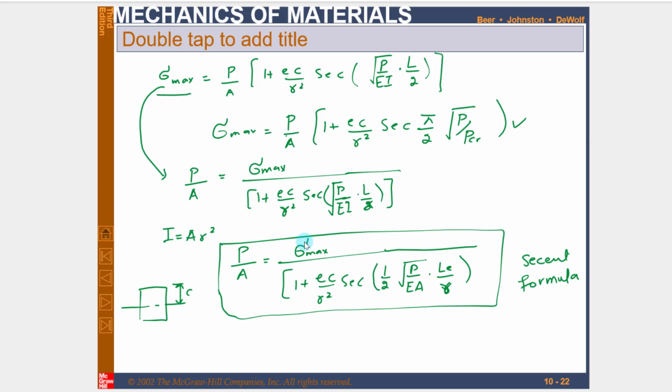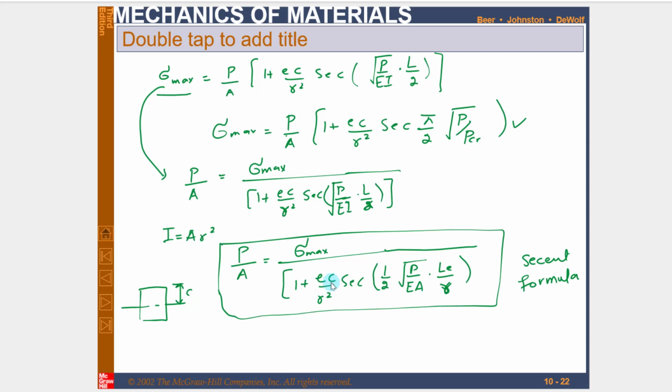Now the stress sigma max in a column with effective slenderness ratio of LE over R for a ratio of EC over R square, where E is the eccentricity of the applied load.